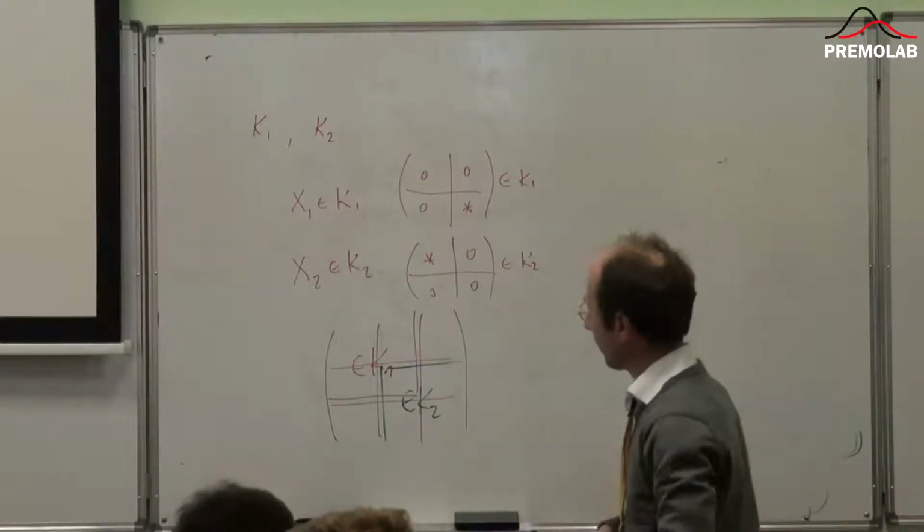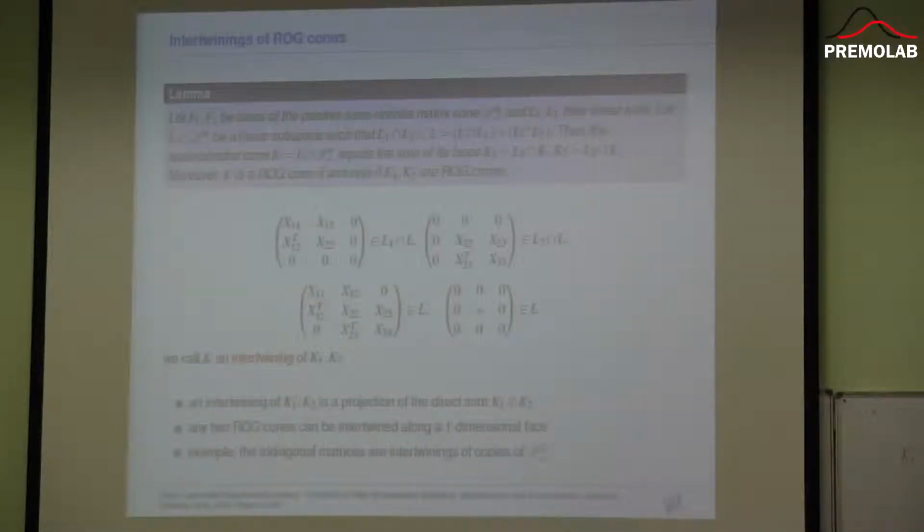And then it appears that this large cone is rank 1 generated if and only if the small cones are. So this is a non-trivial construction, and it actually allows us to construct a lot of rank 1 generated cones, and among them also the tridiagonal matrices.